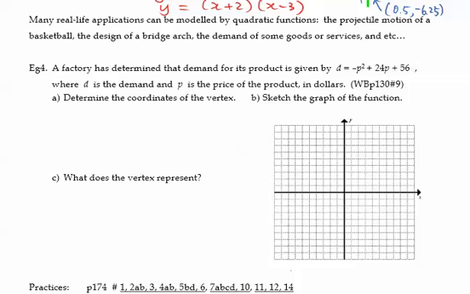Okay. Now, quadratic functions, as you saw in the last two classes, there are a lot of applications involved using quadratic functions.